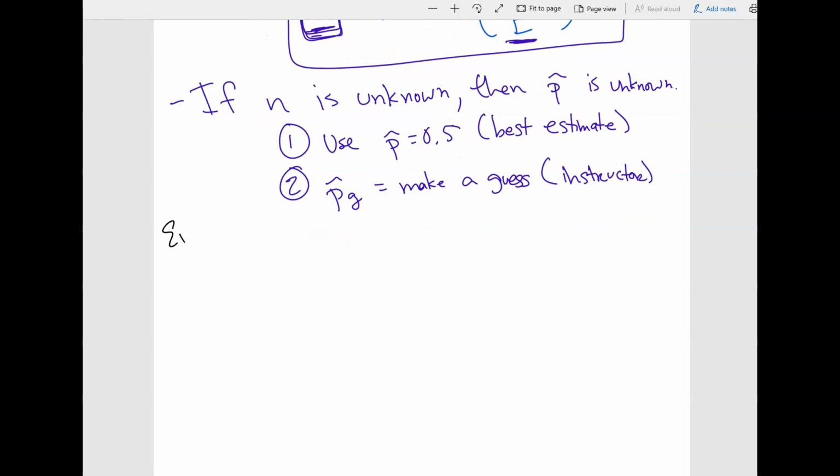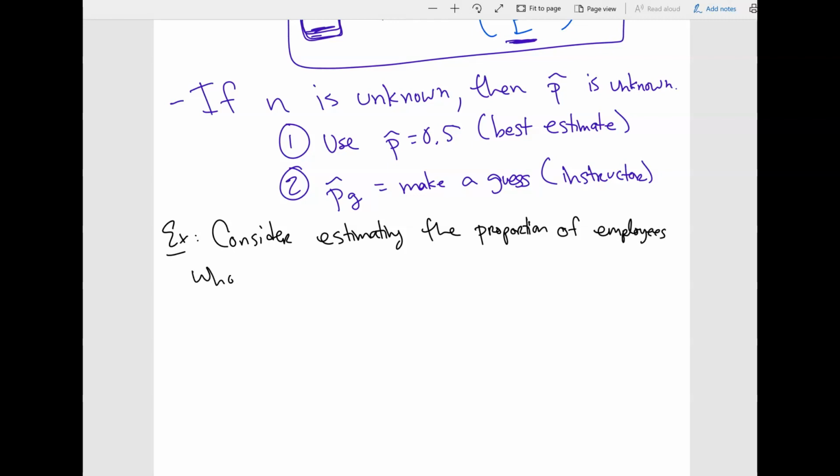Consider estimating the proportion of employees who call off work.